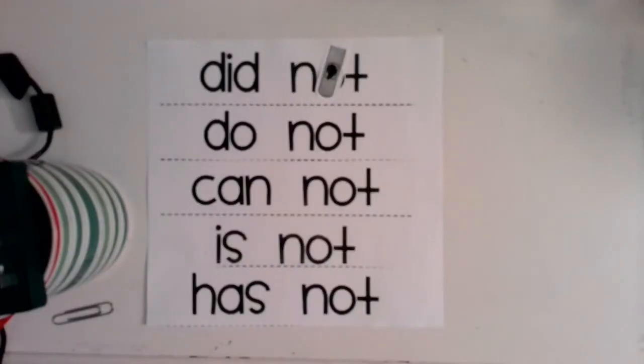So let's do the next one. Do not. Do not take the cookie from the cookie jar. Do not becomes what new word? I'm going to cut out my Band-Aid.